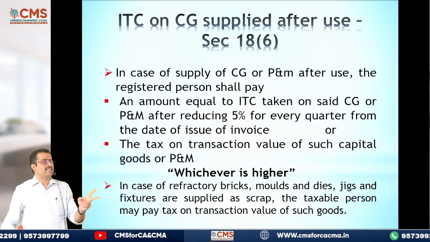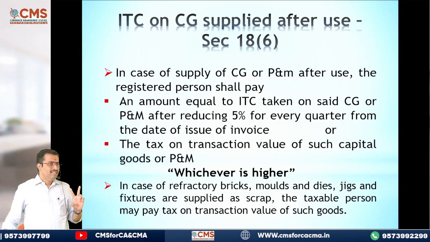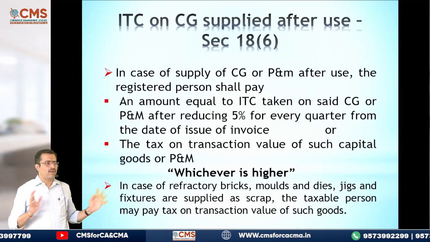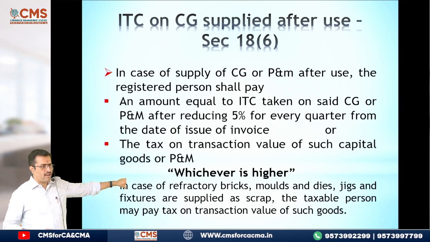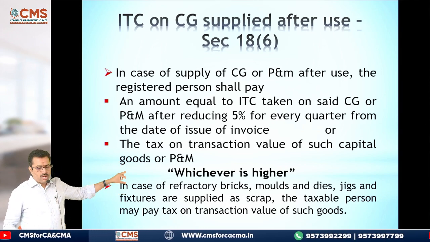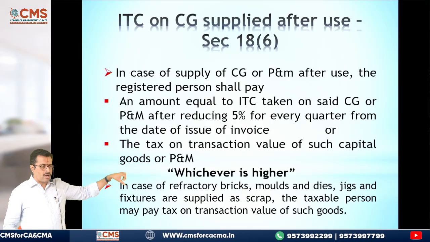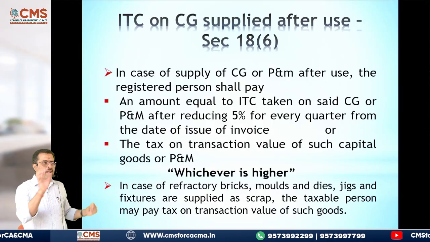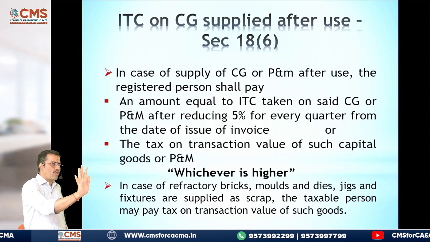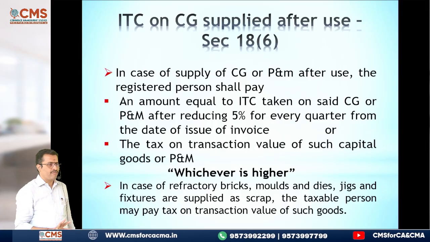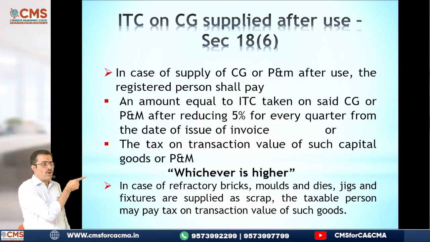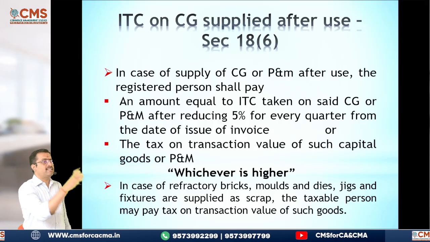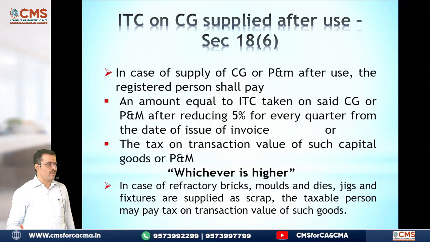Now, whichever is higher, you have to reverse. 72,000 is higher, that we have to reverse. That is what he is saying here. Again, I am repeating, see the paragraph properly. An amount equal to ITC taken on said capital goods by reducing 5% per quarter or part thereof, or tax on transaction value of those capital goods, whichever is higher, you have to reverse.